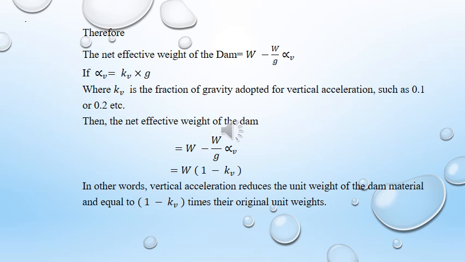The total weight is acting as W, and the net effective weight of the dam due to the earthquake in the vertical direction is W minus W by g into alpha v.